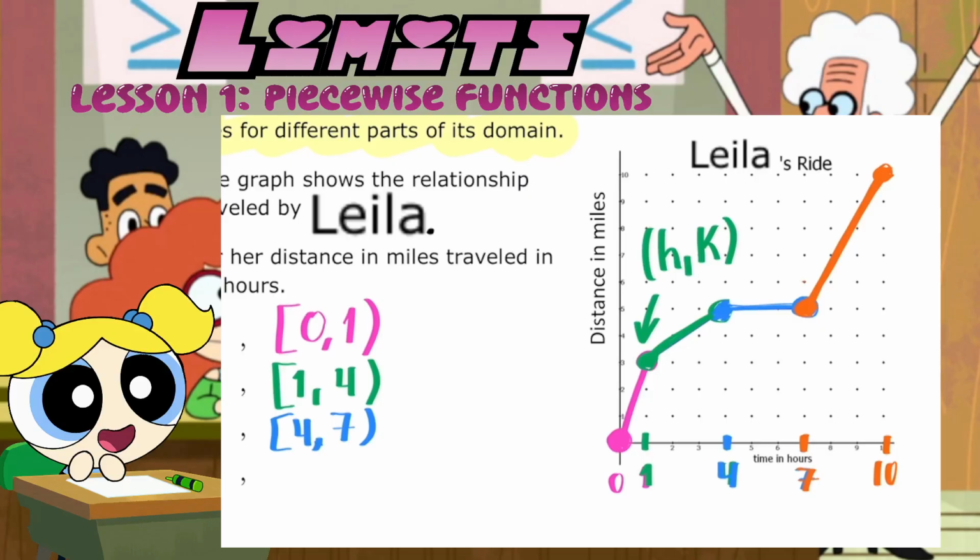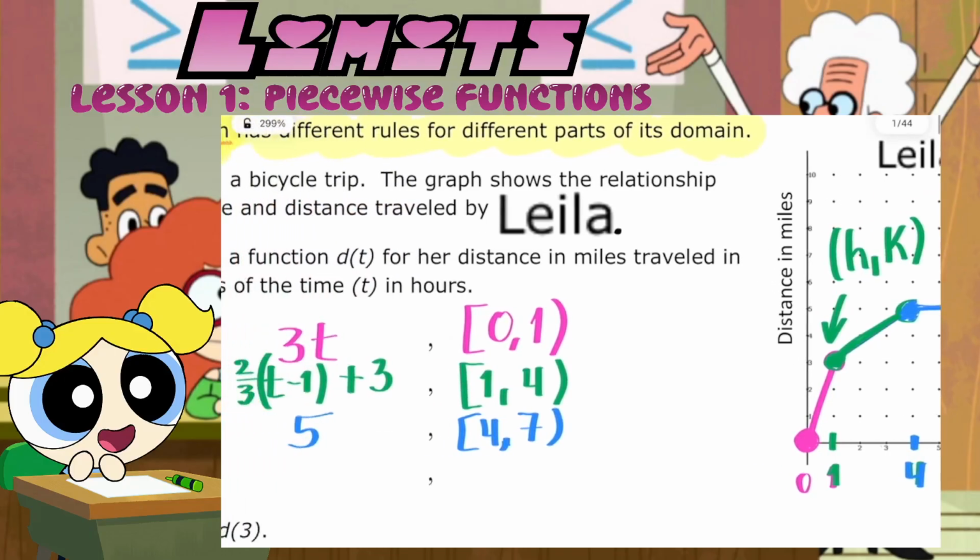And okay, what's my slope? Up 1, 2, 3, 4, 5, and over 3. And now this time I'm going to use this guy as my new HK. So what did I say? Up 5 over 3.